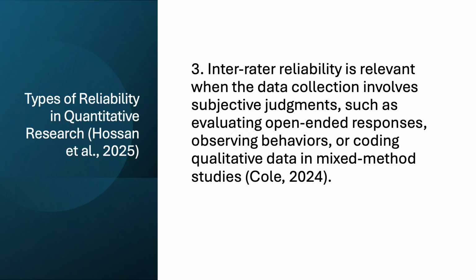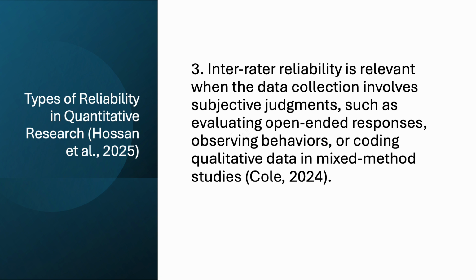The third type of reliability is inter-rater reliability, which becomes important when data collection involves subjective judgments, such as evaluating open-ended responses, observing behaviors, or coding qualitative data in mixed-method studies, as noted by Cole, 2024.